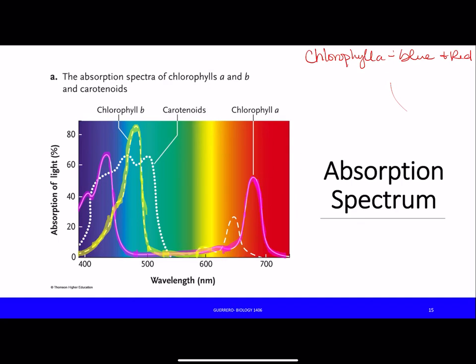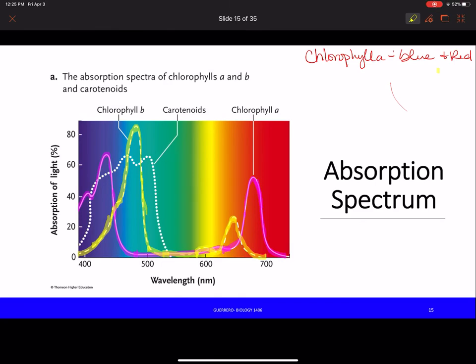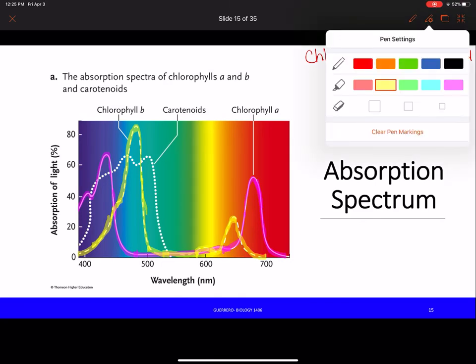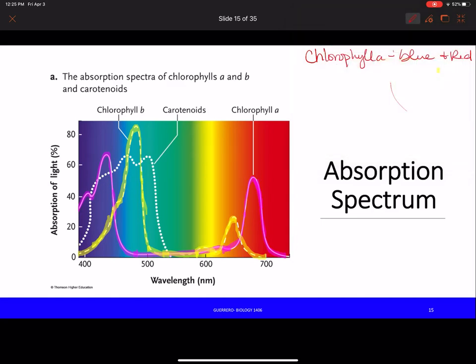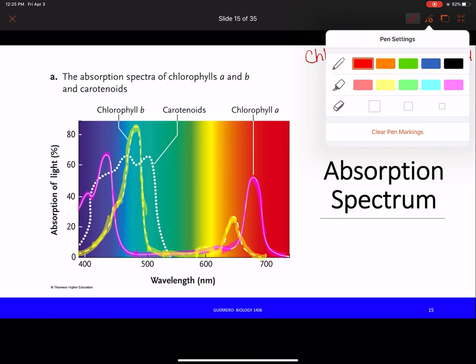It does a little bit of absorption in the yellow, and then some absorption in the orange. Okay, so chlorophyll B is more of a blue-green area, and then an orange-red area.